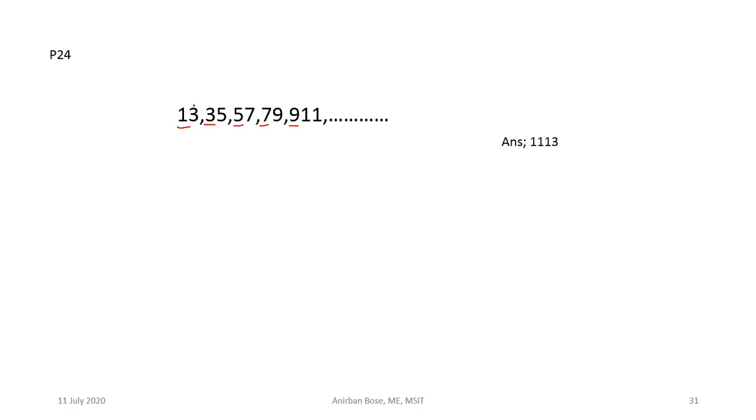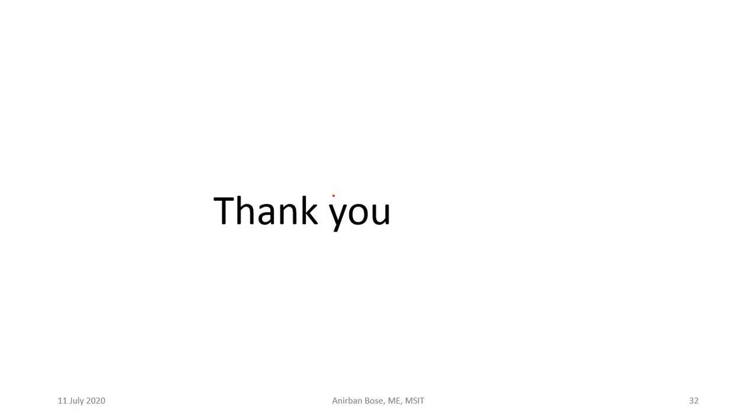And if you observe the second digit, that is 3, 5, 7, 9, 11. Okay, so your observation should be of that kind also. In this way it is 1, 3, 5, 7, 9, then it will be 11, and from this end it is 3, 5, 7, 9, 11, then it will be 13. So the answer will be 1113. Thank you.